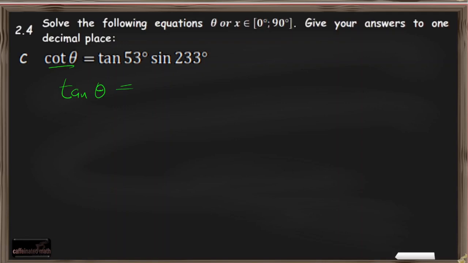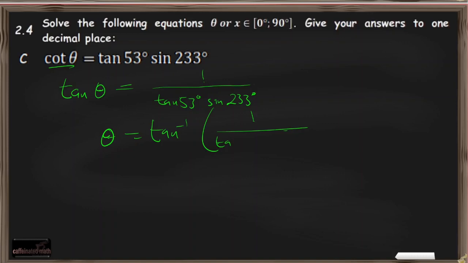So tan of theta becomes 1 over tan of 53 degrees multiplied by sine of 233 degrees. Well, that's just equal to, from theta's perspective, inverse tan of 1 over tan of 53 degrees times sine of 233 degrees.